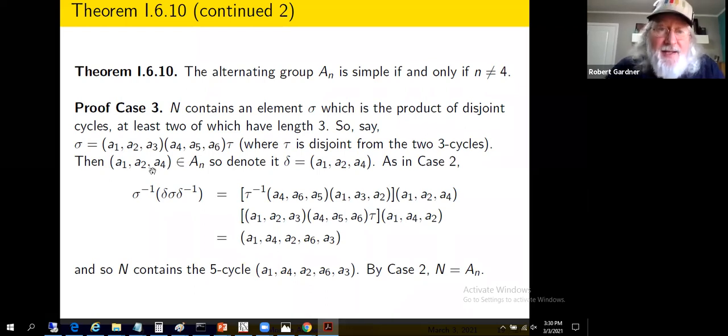It's one of the first things we did today. So this 3-cycle being an even permutation is in A sub N. Call it delta. All right, as we had previously, if we take sigma inverse, delta, sigma, delta inverse, then we get this 5-cycle.